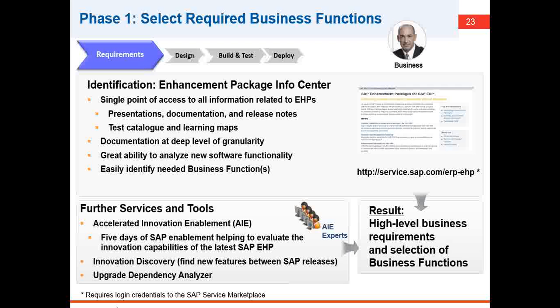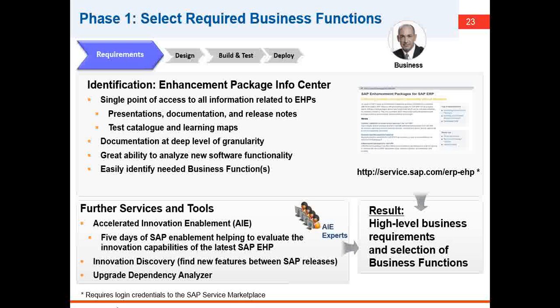And then the Upgrade Dependency Analyzer is another tool available, both linked from Solution Manager as well as available on the Service Marketplace. Say I'm running CRM, and I may be running an older version that works just fine with 4.6c.